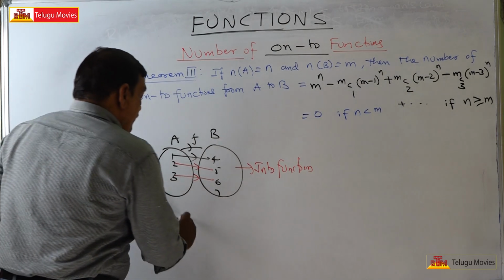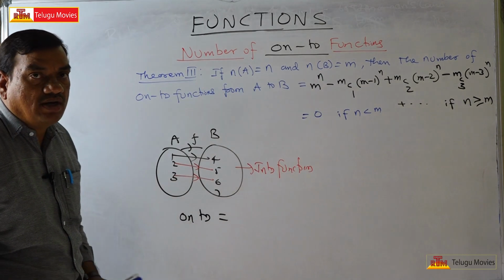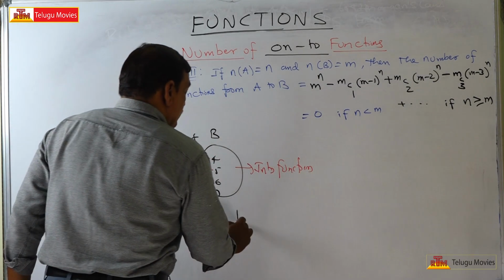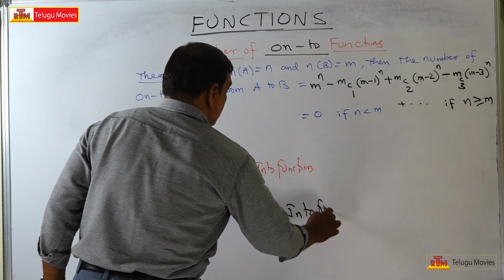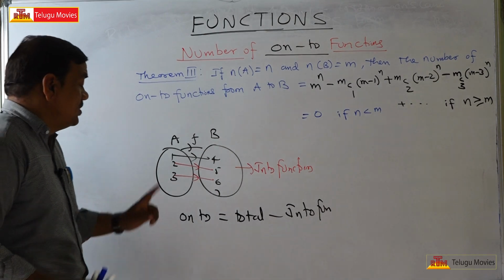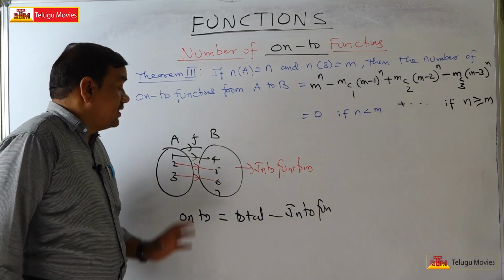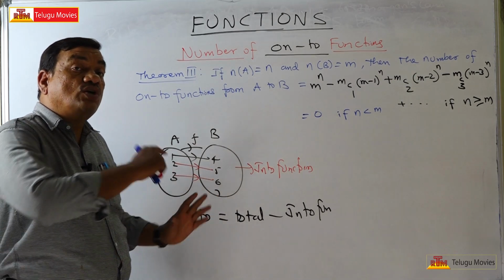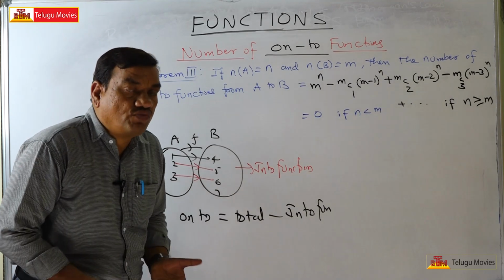That means if you want to find the number of onto functions, from the total number of functions from A to B, you subtract the number of into functions, and you will get the onto functions.